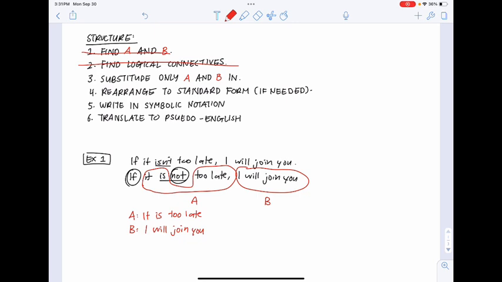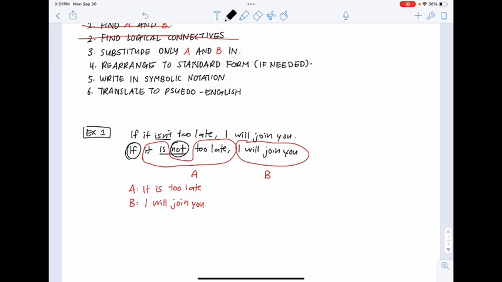Now we're going to rewrite it, but we're going to leave if and not, the logical connectives, alone. We're just going to substitute A and B in.